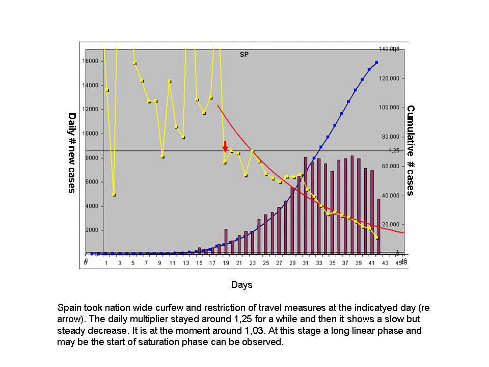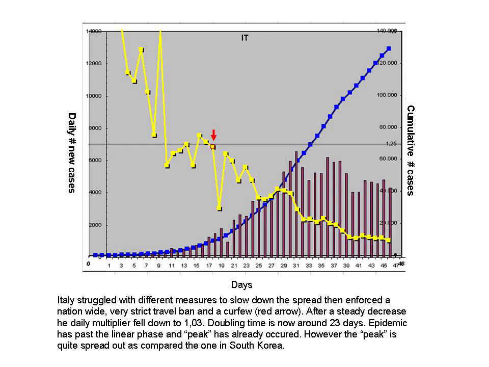But until the 23rd day or so, the daily multiplier, which is shown in yellow, is quite high. And then it started to decline dramatically due to strict regulations applied at the red arrow shown there.